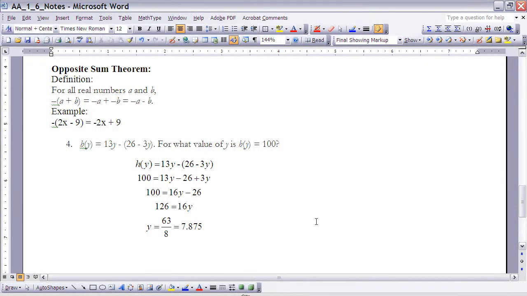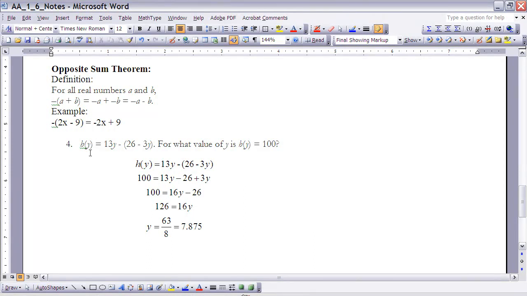What that tells us is when you have that negative outside of the parentheses, you need to distribute it to everything inside the parentheses. Here's another example of that, negative the quantity 2x minus 9. I'm going to take the negative times 2x, and the negative times the minus 9, which gives me plus 9. Okay? So let's use that in this particular example here.